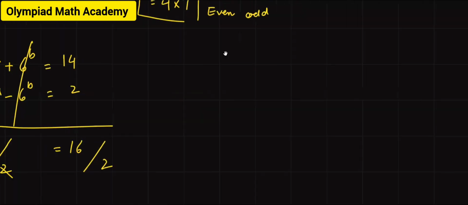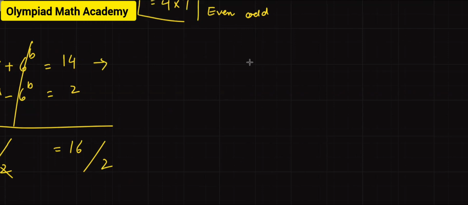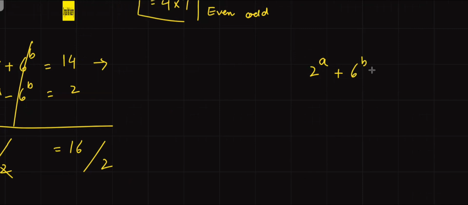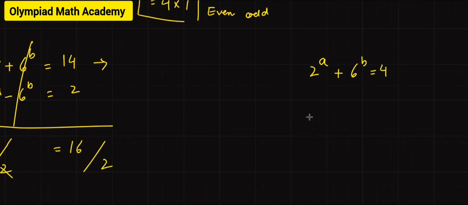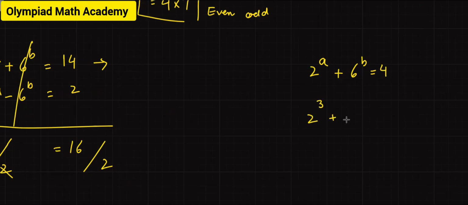Now I have to put this value of a into the previous equation. So this equation was what? It is 2 power a plus 6 power b equals to 14. As we got the answer a equals to 3, so put a equals to 3. So 2 power 3 plus 6 power b equals to 14.